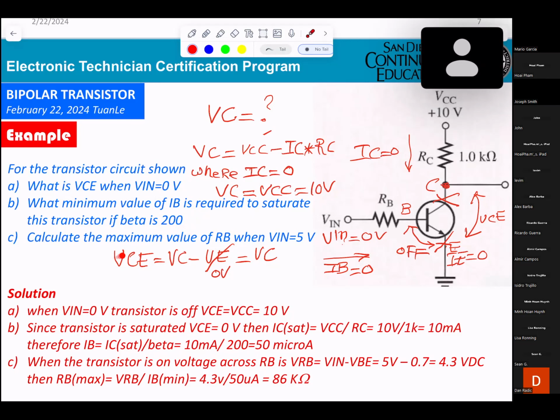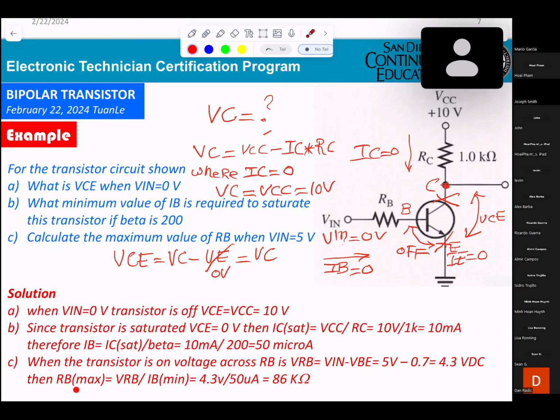And they want to calculate the maximum value of RB when V in equals 5 volts. When the transistor is on, the voltage across RB, VRB, will equal V in minus VBE, which gives you 4.3.